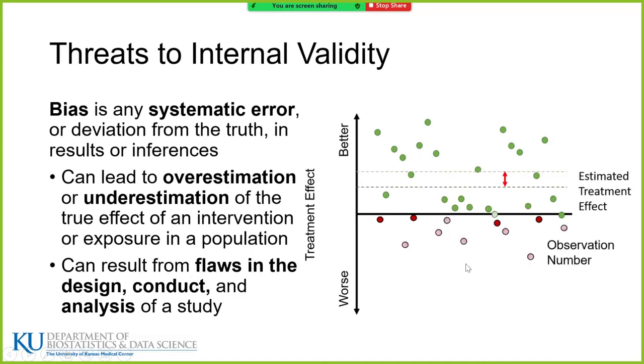If I were able to observe those who did not return for that outcome assessment, 8 of those individuals didn't return, and 7 of those 8, if I had been able to observe their outcome, would have had negative effects.